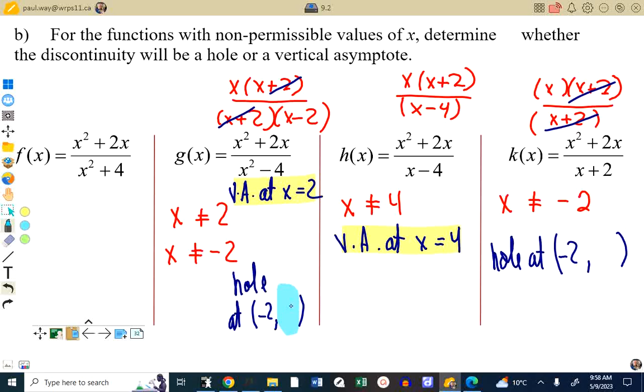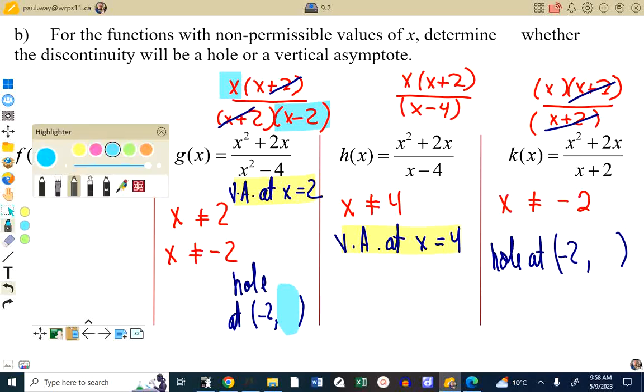Excellent. You put negative 2 into the reduced form for the equation of the function. And all I have left up here, let me highlight what I have left. All I have is x over x minus 2. So I put negative 2 in there, and I'm going to get negative 2 over negative 2 minus 2, which is going to be negative 2 over negative 4, which will give me 1/2.